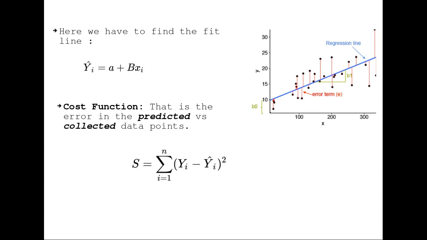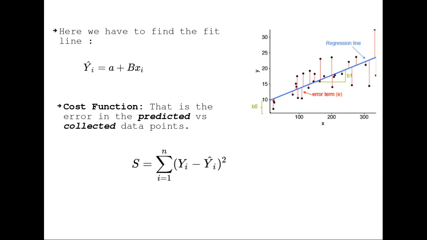So the cost function can be written as the summation from i equals 1 to n of (y_i minus ŷ_i) whole squared. So here we are taking the difference of the expected value and the predicted value and we are squaring it. The reason we square it is that the squared difference penalizes larger errors more. That is why it is called the least squares method.